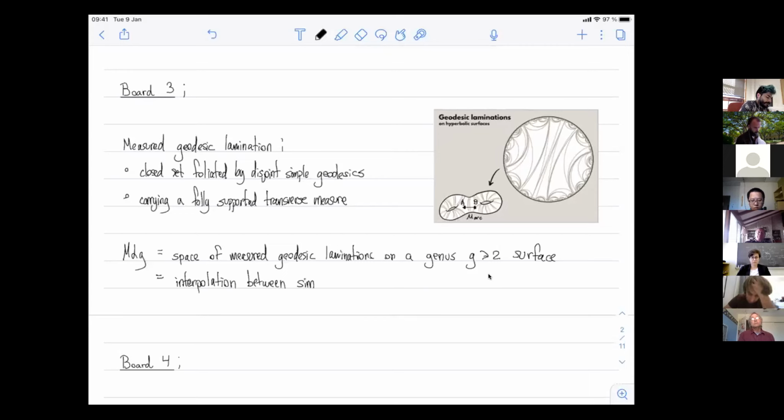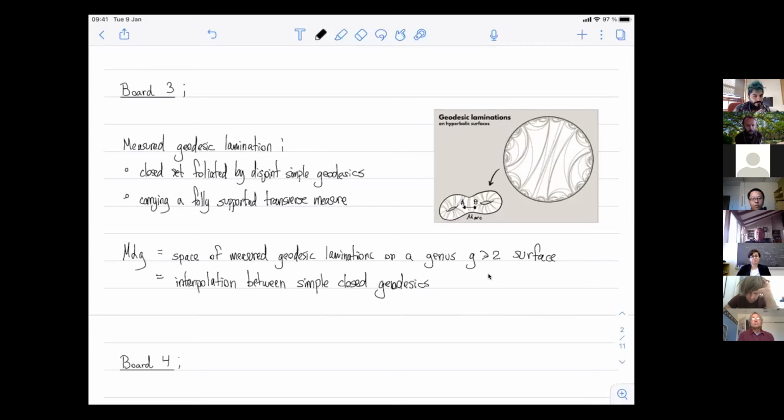The points in this space are some sort of continuum in which our simple closed geodesics sit with some density properties, but the important thing is that there's some natural way to interpolate between geodesics, and that's what these laminations are supposed to be.